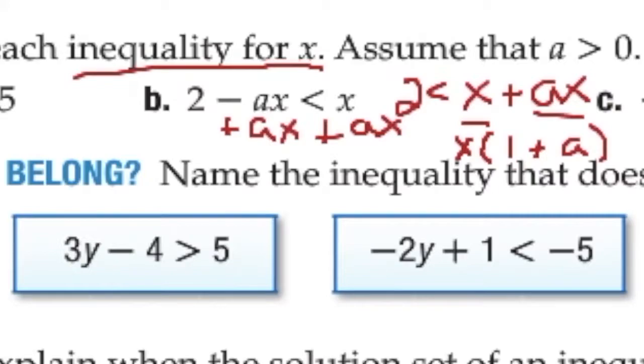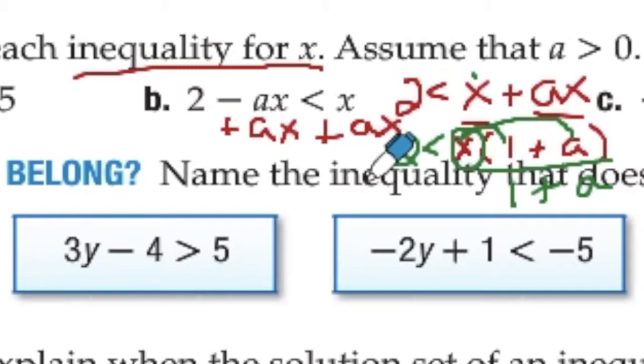Take a look at that for a second. I took an a out, I took an x out. What's x times 1? x. What's x times a? ax. So what I have is 2 is less than x times the quantity 1 plus a. And in order to isolate the variable x, I can divide both sides by 1 plus a.